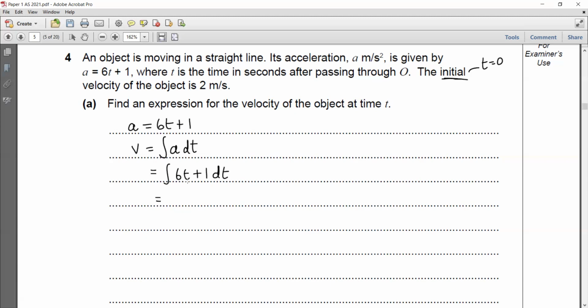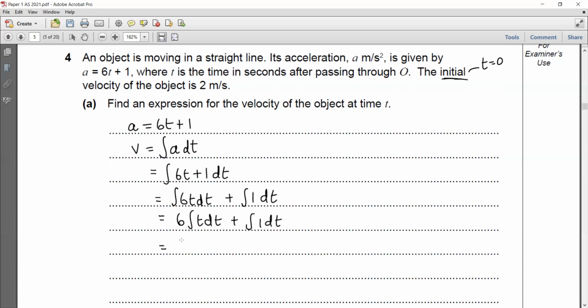Okay, so this is the integral of 6t dt, so you're integrating each of them individually, and then the integral of 1 dt. Whenever you're integrating a term that is being multiplied by a constant, the constant can always go out. So this is 6 times the integral of t dt, then the integral of 1 dt.